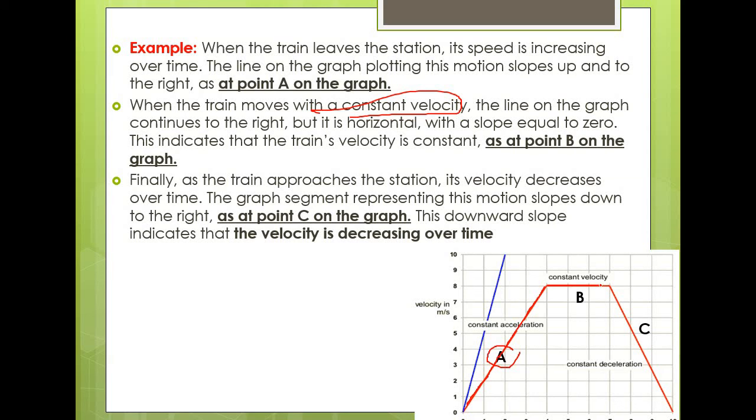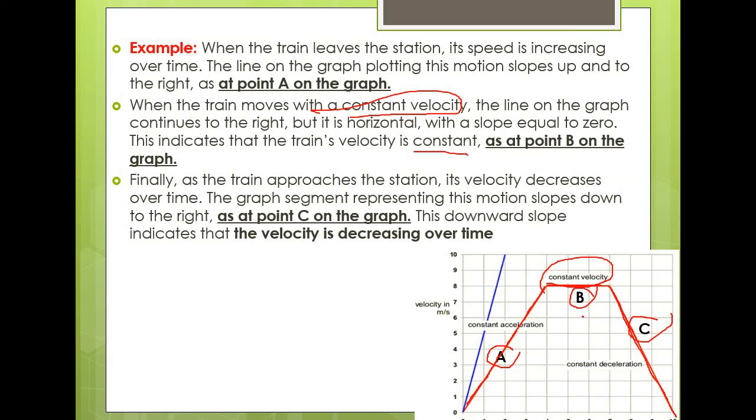This indicates that the train's velocity is constant, like point B. Finally, when the train approaches the station, its velocity will decrease over time. The graph segment represents this motion slowing down to the right, like point C here.